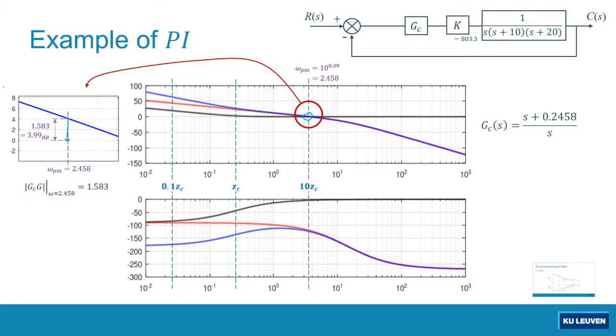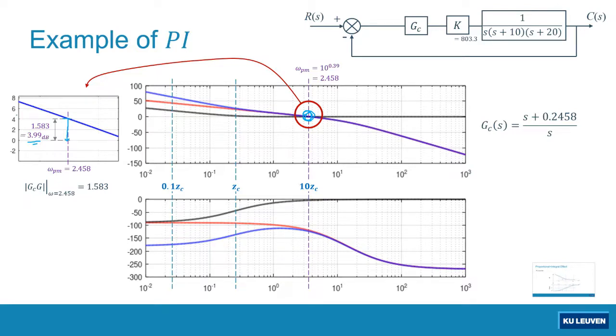So according to this, if I zoom in on this part further, the magnitude value at the desired phase margin frequency is not exactly equal to 0 dB, but instead is about 4 dB.